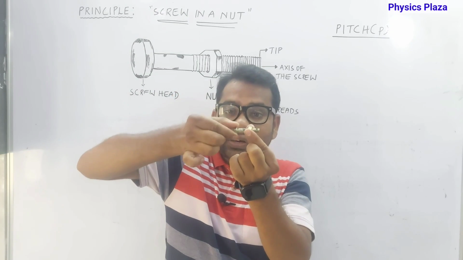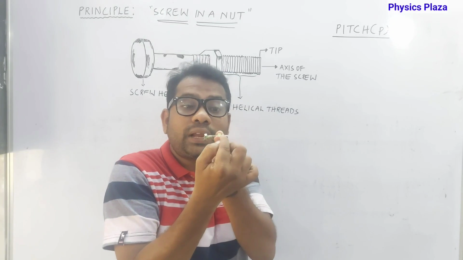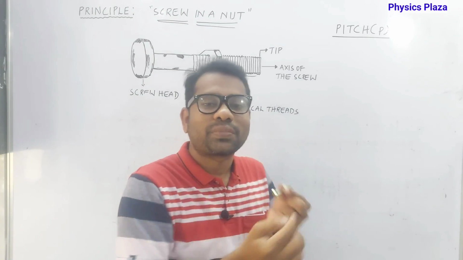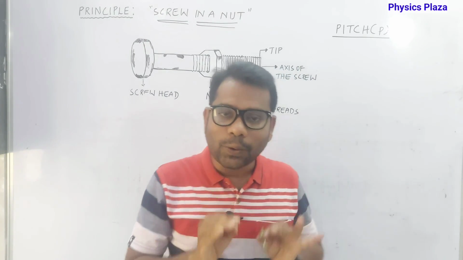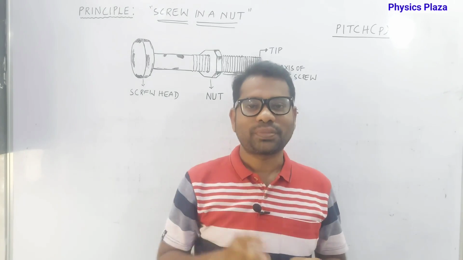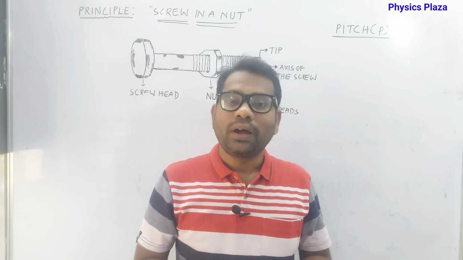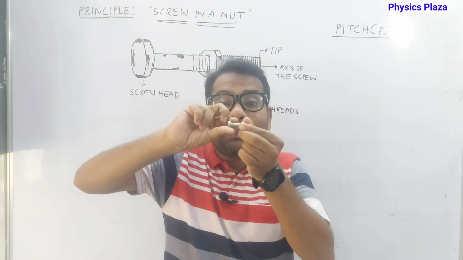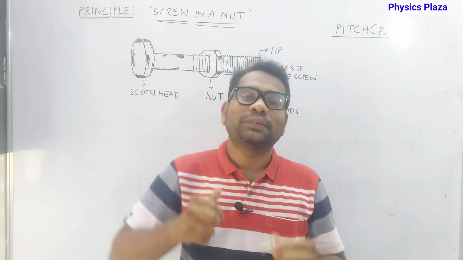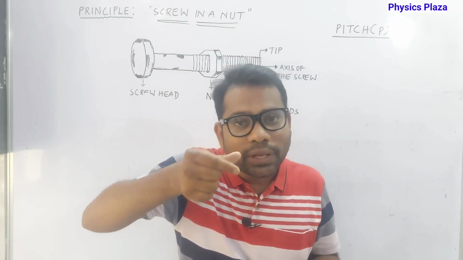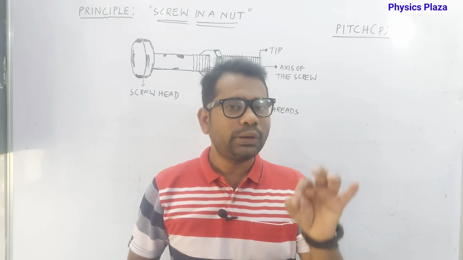For this complete rotation, what will happen, children? The screw will cover some distance along its length. That distance is called the pitch of the screw. I repeat once again, the distance covered by the screw along its length for one complete rotation of its head is called what actually? Pitch.